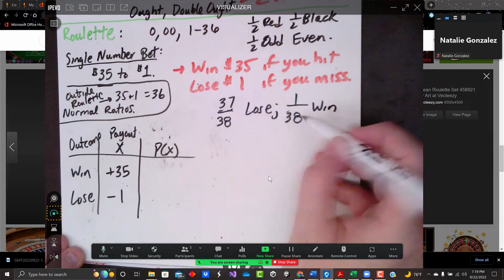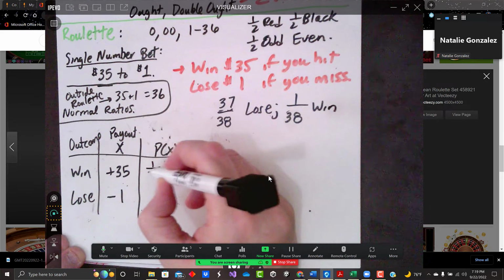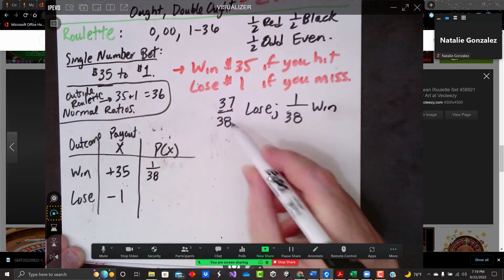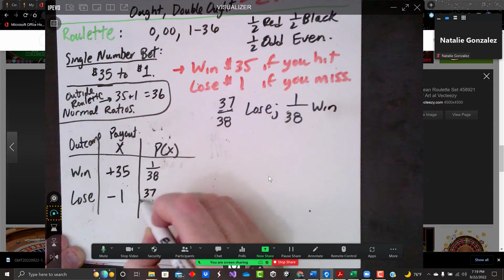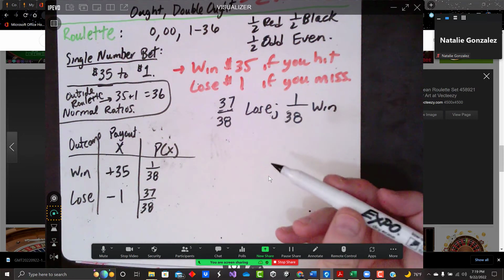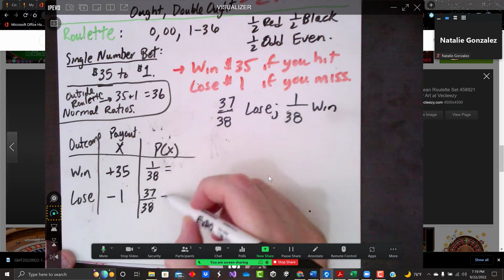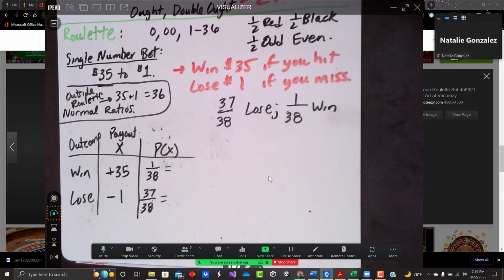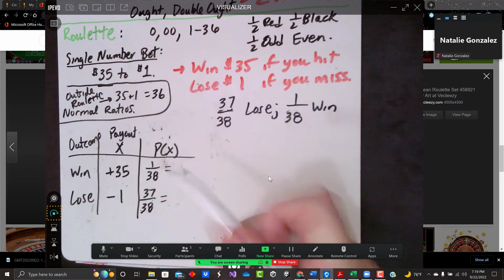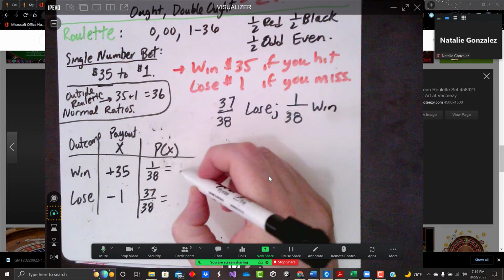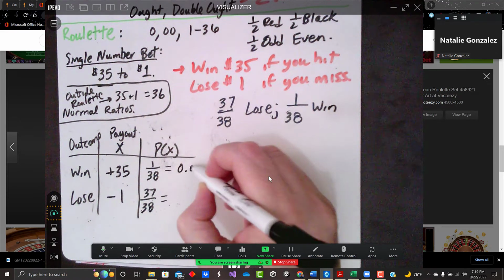If I win, it happens 1 over 38. And if I lose, it happens 37 over 38. So I can write this as a decimal. Let's just figure out what this is. I'll do 1 over 38 first. 1 divided by 38 is, I'm going to do a few decimal places because it's a low number.